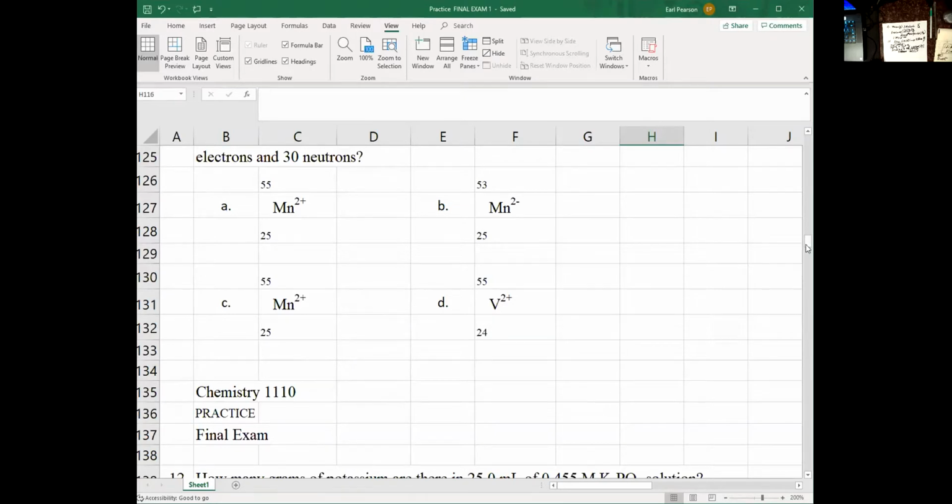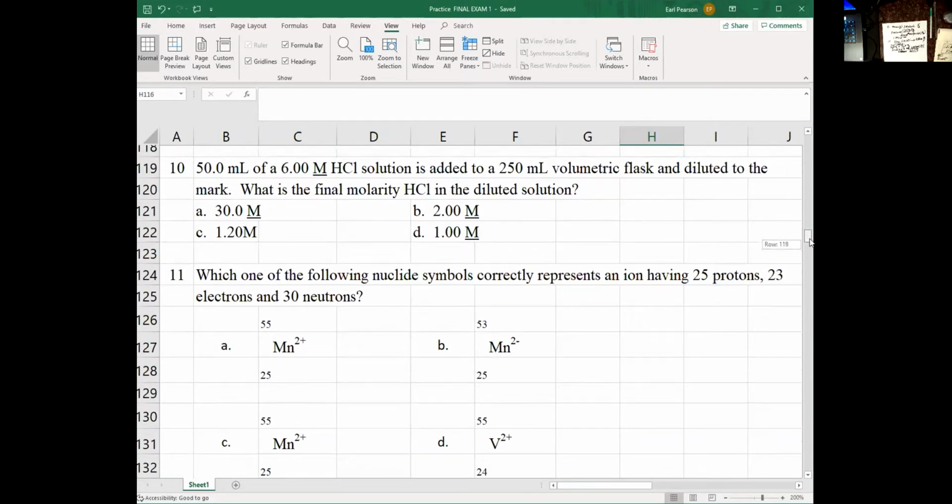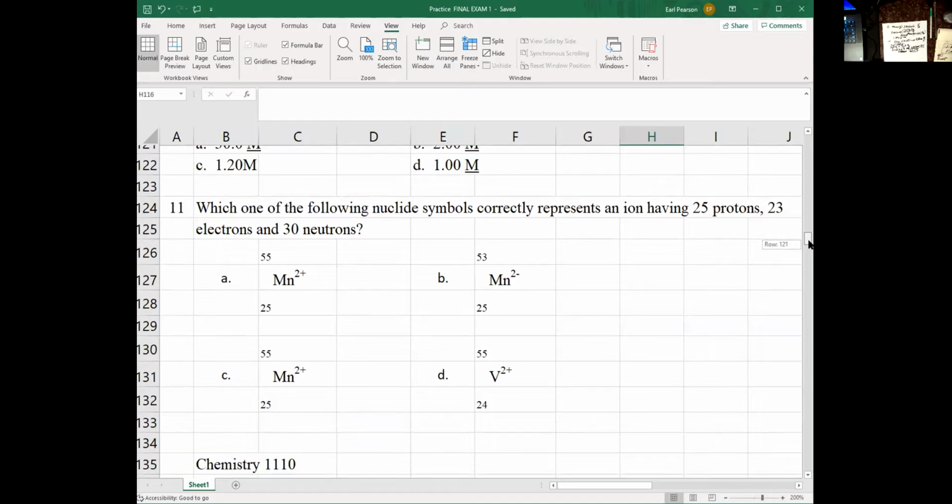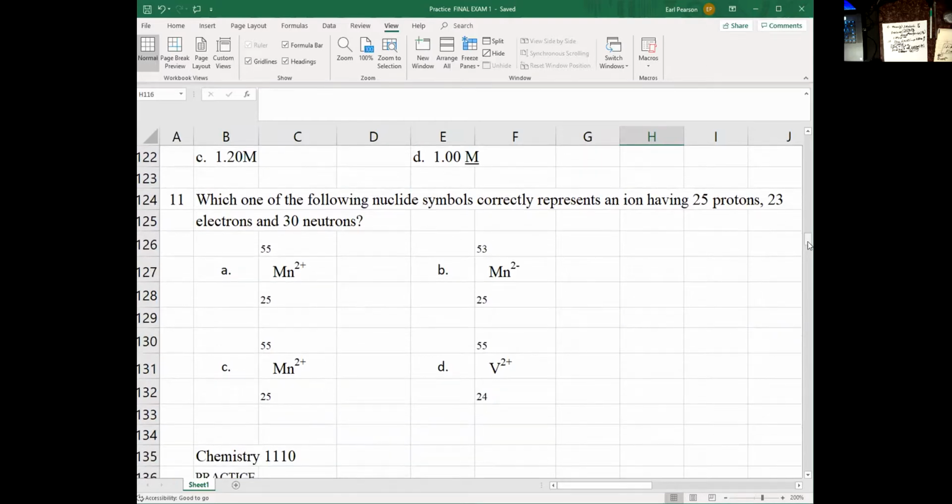Okay, what do we got? It says, which one of the following nuclide symbols correctly represents 25 protons, 23 electrons, and 30 neutrons? So number 11, 25 protons, 23 neutrons, and 30 electrons.